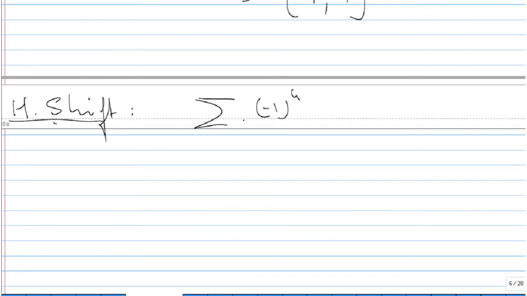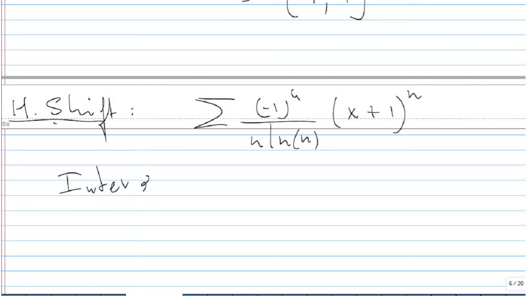Next, we look at the series which is just a shift. We do a horizontal shift to get the new series, which is the sum of (-1)^n over n ln n times (x+1) to the power n. So here basically the interval is shifted.